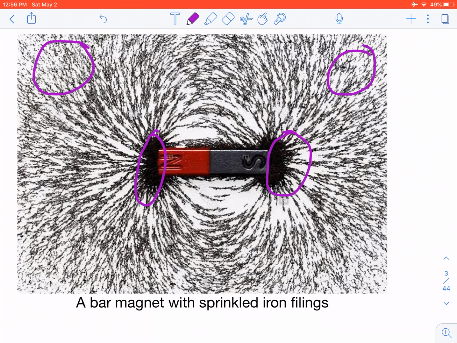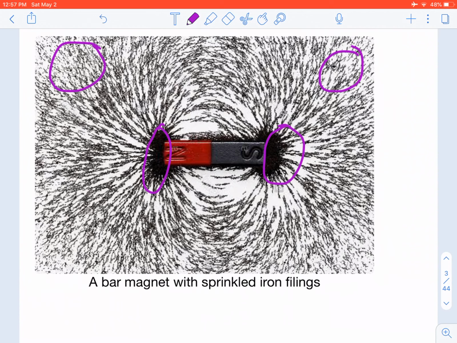It's just an indication of the pattern, but it's not telling us whether the iron filings are aligned from north to south or south to north. We then create a schematic illustration so that we can indicate how these lines are actually moving and in which direction.